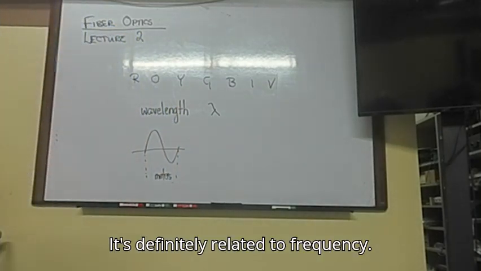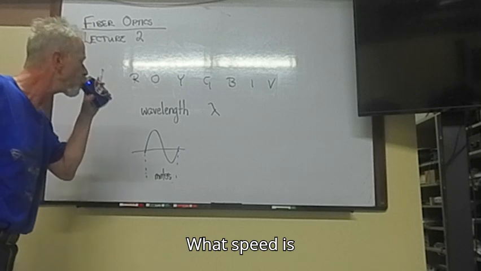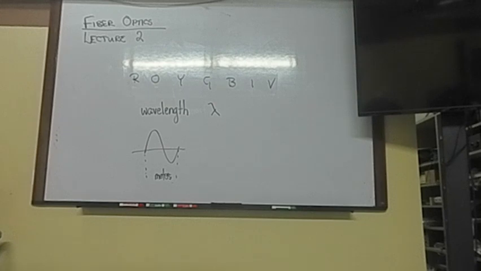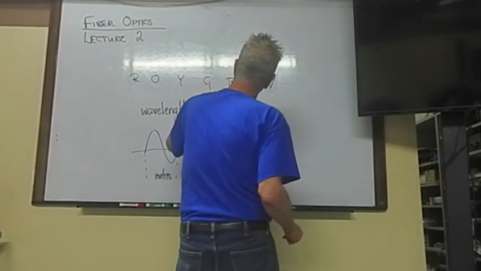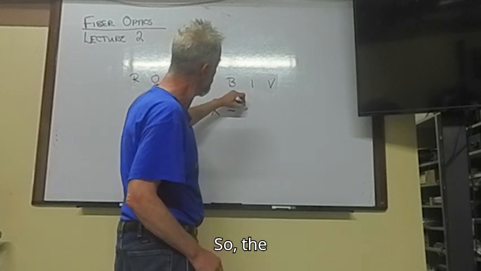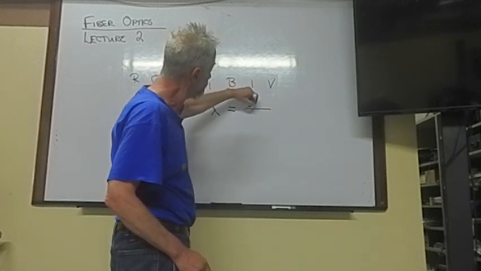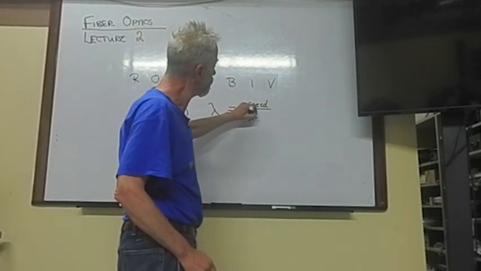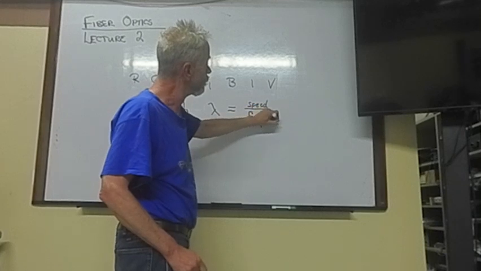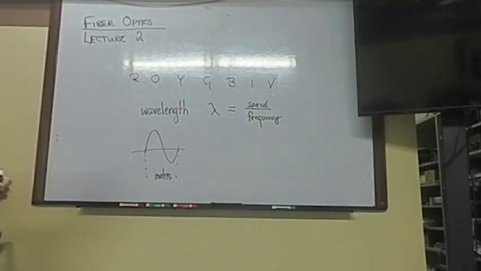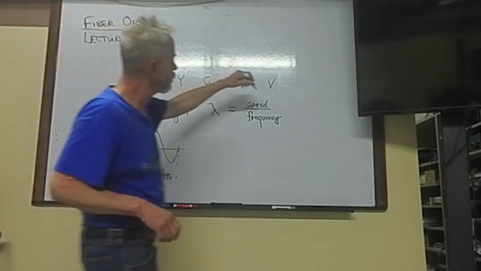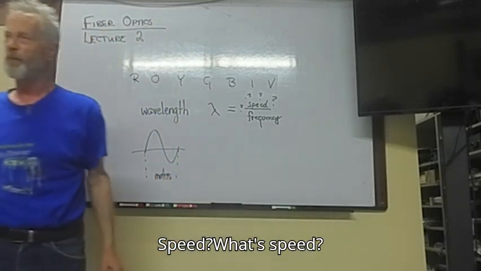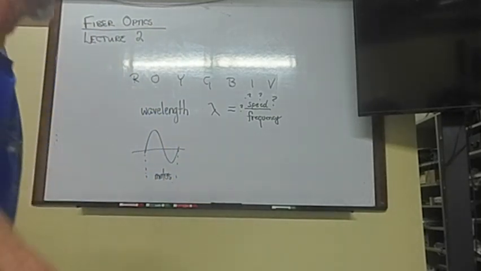It's definitely related to frequency. Wave speed divided by frequency gives you the wavelength. So the speed divided by what? Frequency. Speed? What's speed? Velocity.